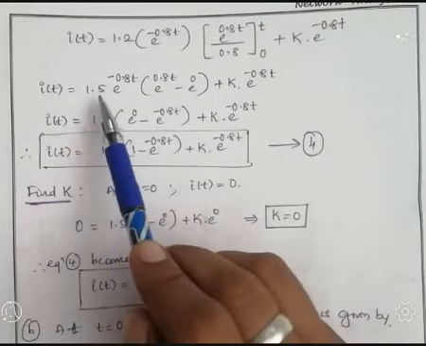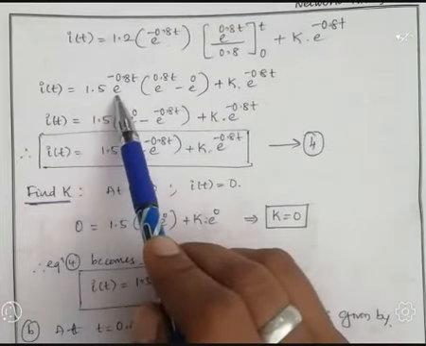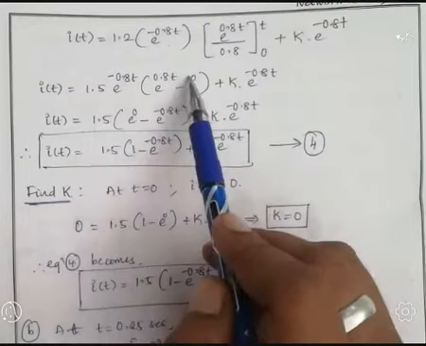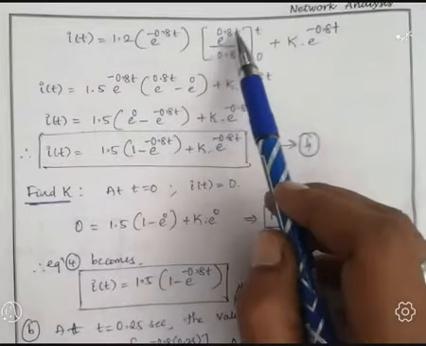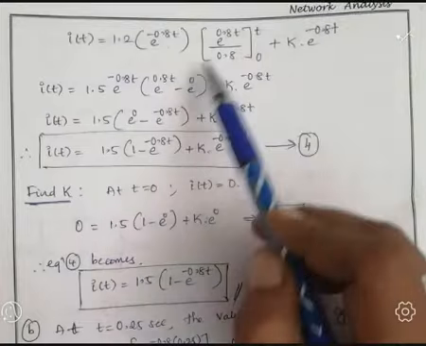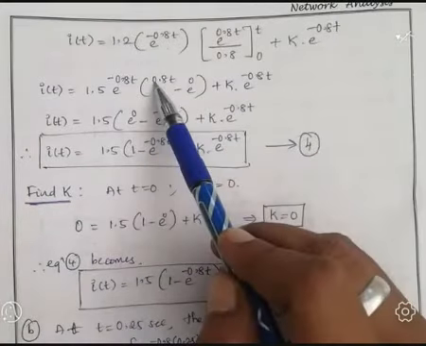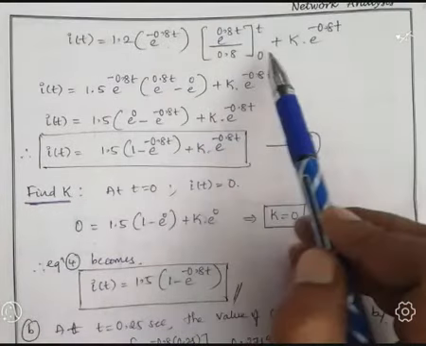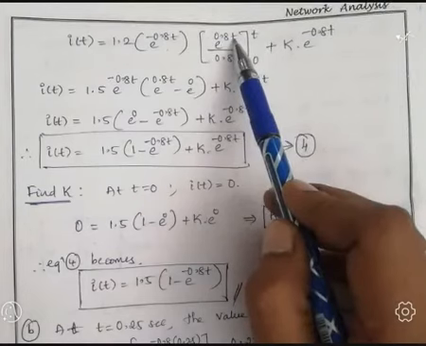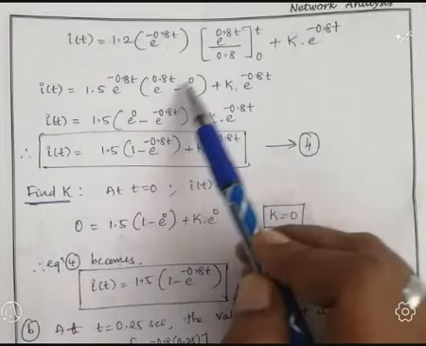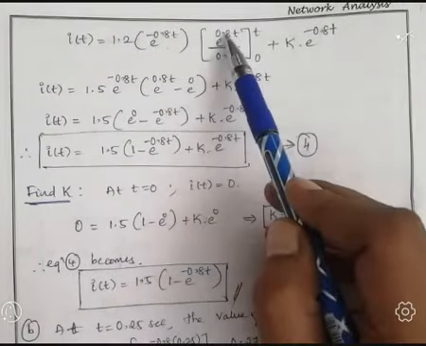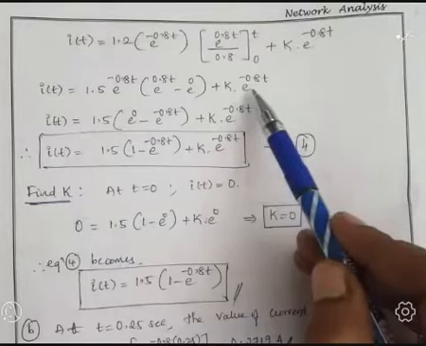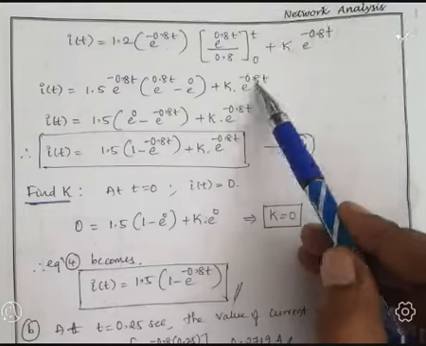So 1.5 multiplied by e to the power minus 0.8t, and for this, apply the limits. The upper limit is t, so the upper limit gives e to the power 0.8t. For the lower limit 0, wherever t is there, substitute 0: minus e to the power 0.8 multiplied by 0, it is 0, plus k into e to the power minus 0.8t as it is.